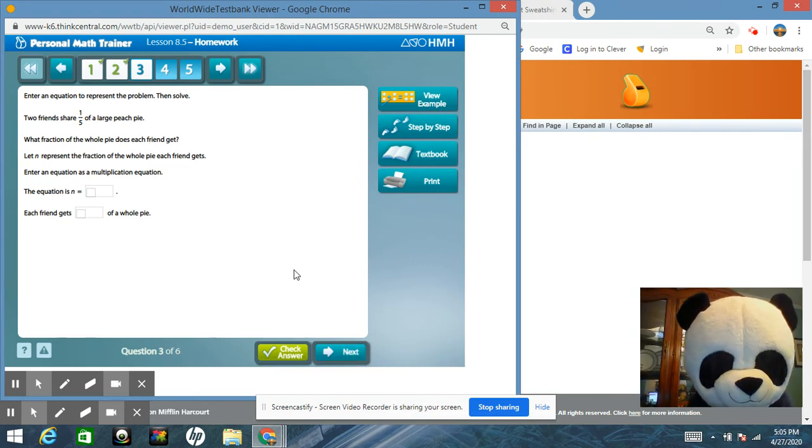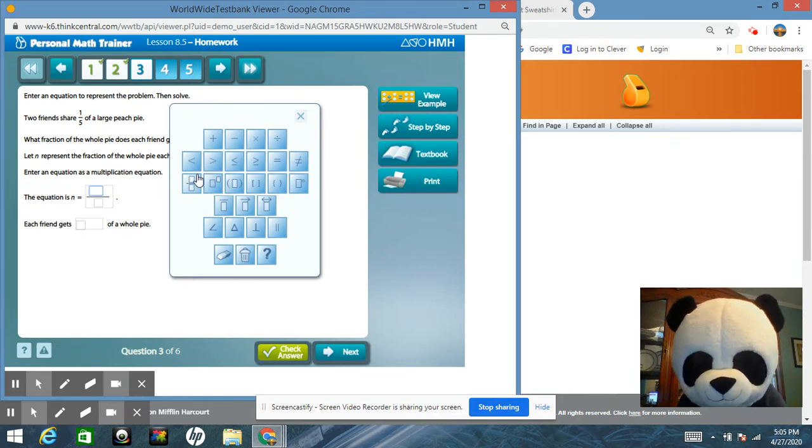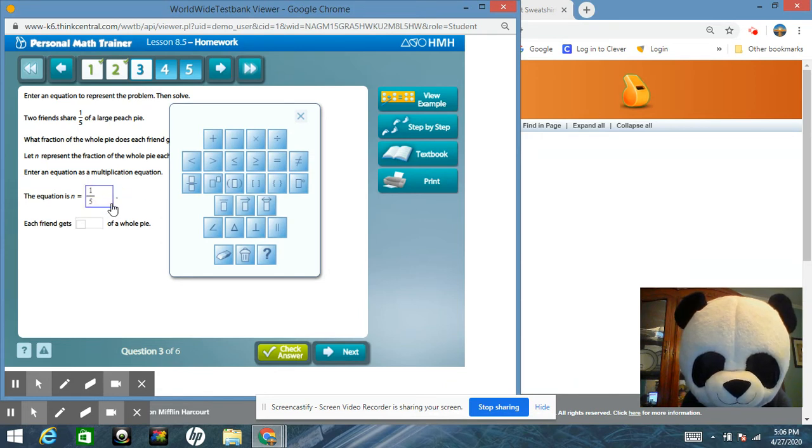So I do fraction, oopsie. There we go. 1/5. 1 is my numerator. 5 is my denominator. Come outside the box. These are always tricky. Then I have to multiply that. And I need another fraction.